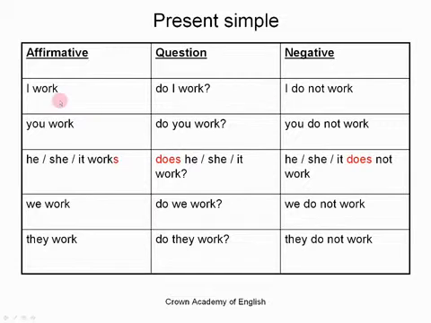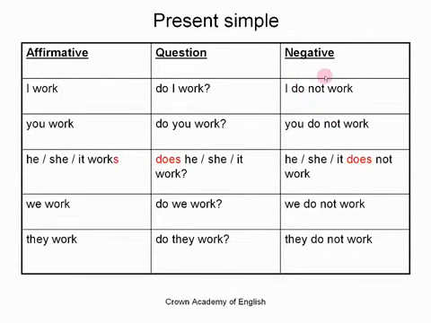So to go from I work to I do not work, so we add two words to the sentence. So we add the words do not. So the do not goes between the subject, which is I here, and the verb.